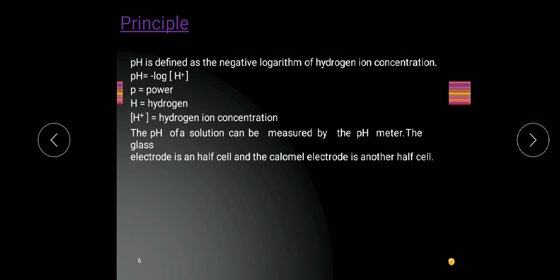What is P? P is power and H is hydrogen, that is H+ ions, meaning hydrogen ion concentration. The pH of a solution can be measured by the pH meter. The glass electrode is one half cell and the calomel electrode is the other half cell.